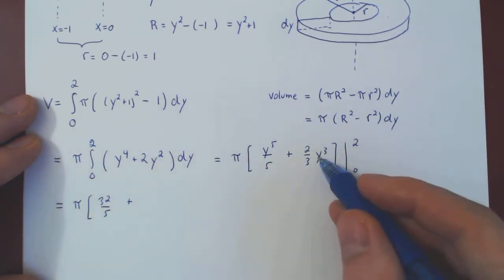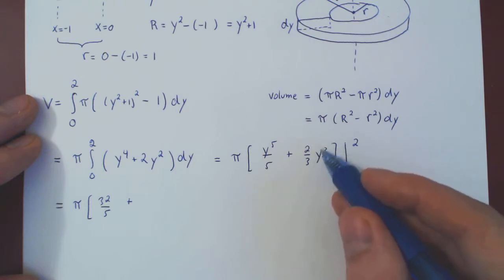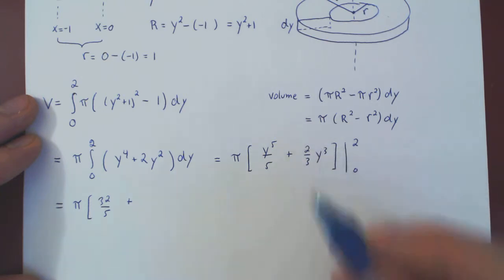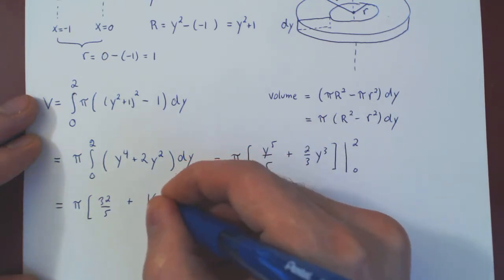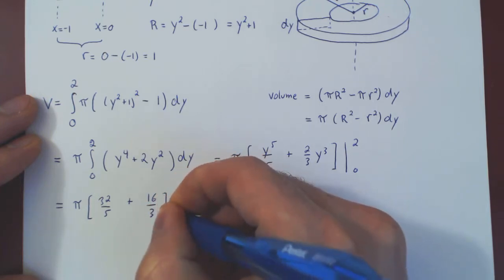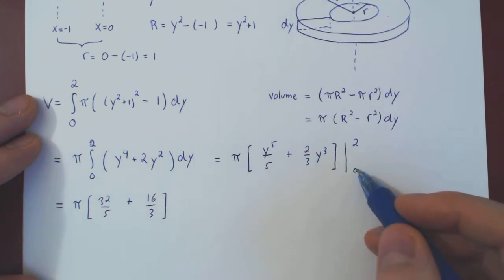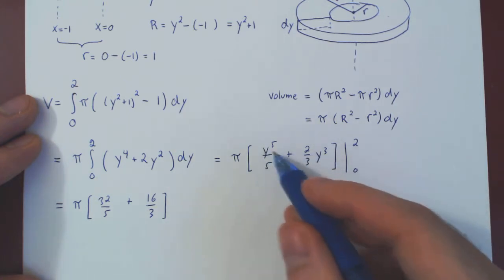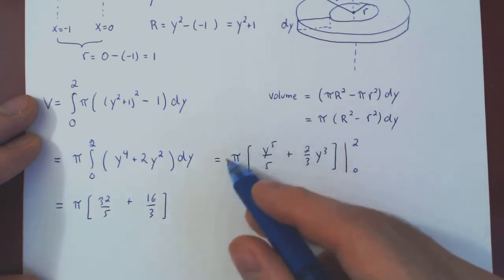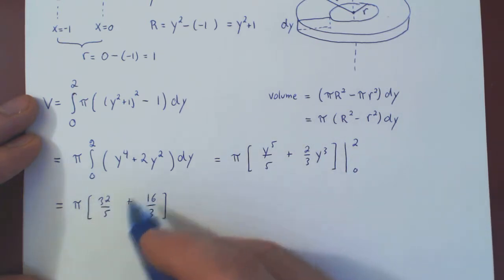Well, 2 cubed is 8. 2 times 8 is 16, so plus 16 over 3. Minus pi times the antiderivative at 0, but the antiderivative at 0 is equal to 0. So we subtract nothing, so that is our final answer.